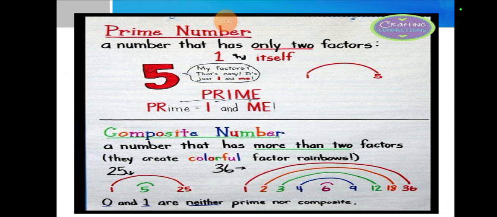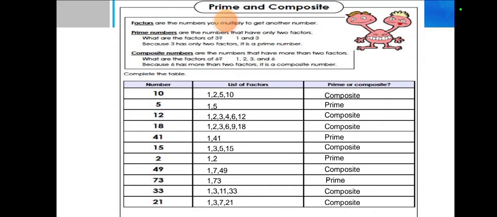It's divisible by 5 also, 5 fives are 25, and many more. Similarly, 36 is divisible by 6, it's also divisible by 2, and it's also divisible by 4. So it also has many factors.